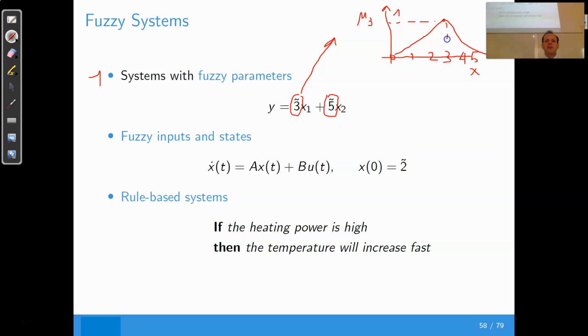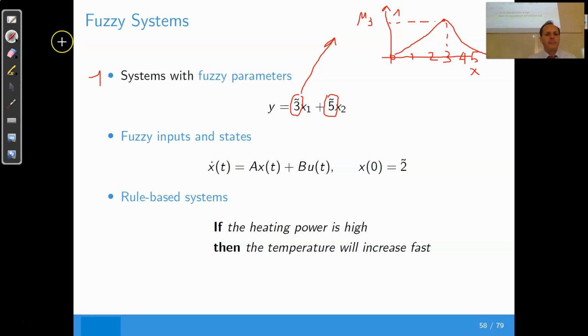Of course its membership is 1 when the input is 3, because it's the fuzzy number 3, and it decreases while the input is lower or bigger than 3. This seems quite clear.